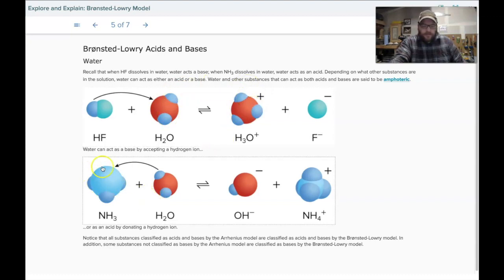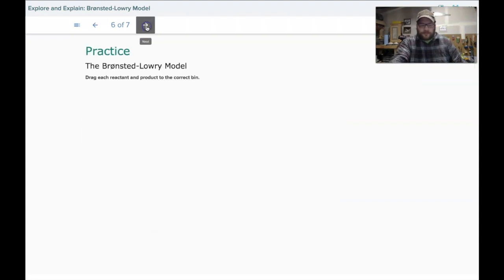But here we have ammonia, and ammonia can actually accept a hydrogen and turn into the ammonium ion, and that means that water gave up a hydrogen and becomes hydroxide. That would now be a conjugate base, making this the acid. So water is an acid here because it's donating its hydrogen, whereas over here it's accepting a hydrogen, so it's a base up here. So that's called amphoteric.